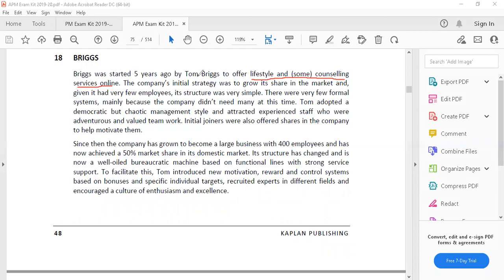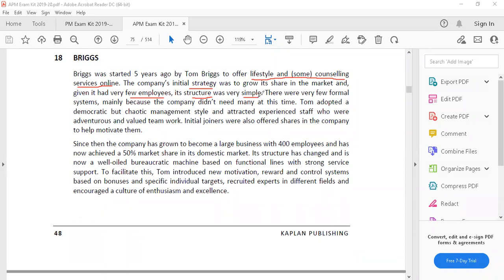So there is a mention of the strategy, and given it had very few employees, there is a mention about employees. Employees are staff, and its structure was simple. So it's not a divisional structure, it is just a functional structure. The structure is also mentioned.